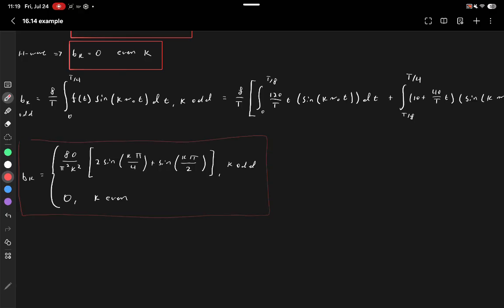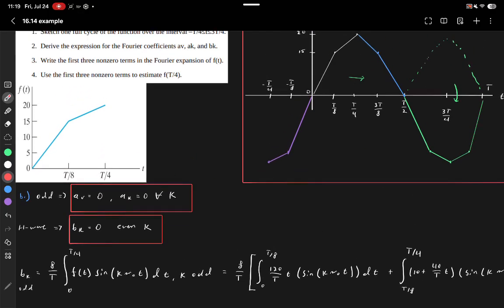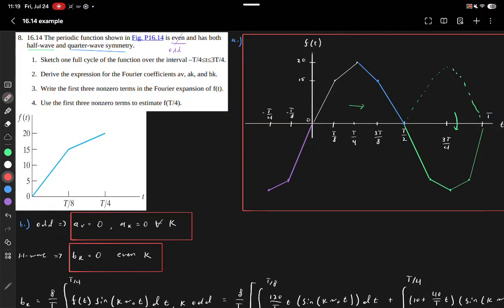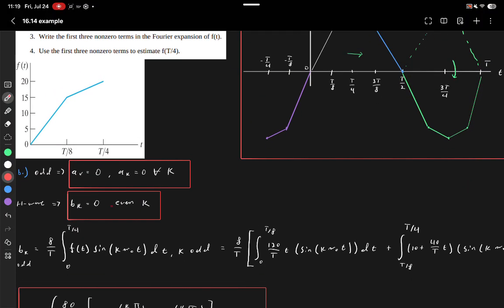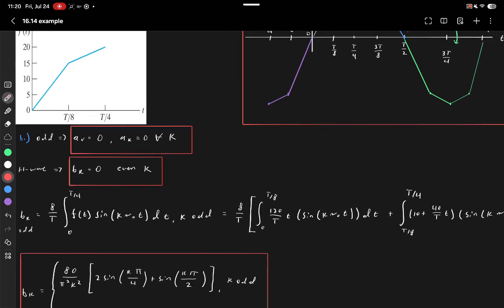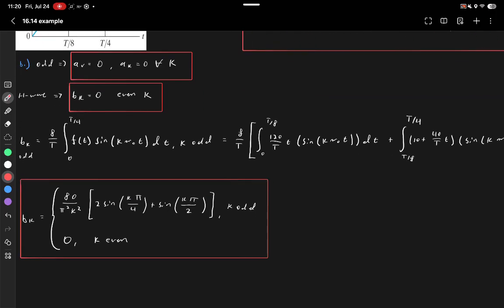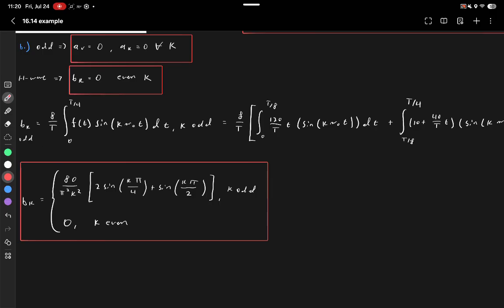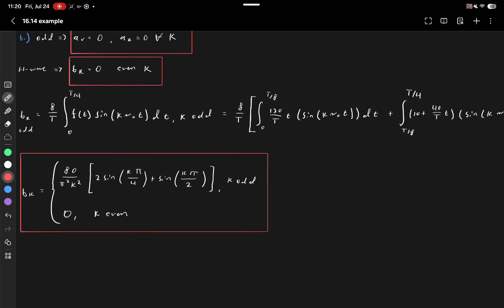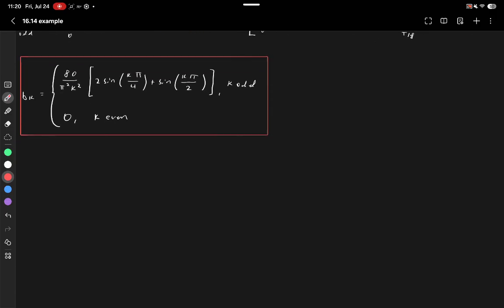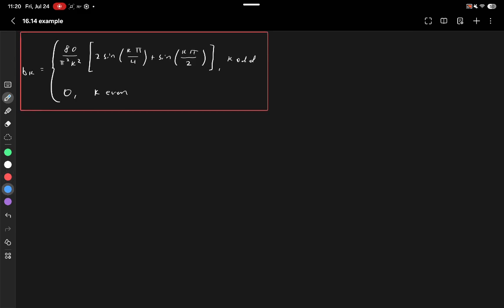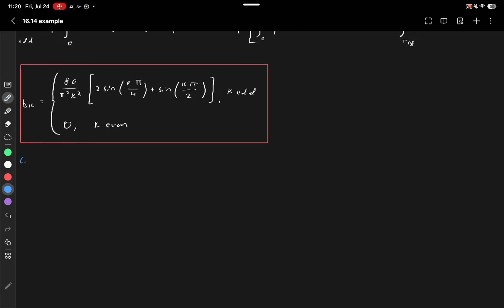Because with these properties that we found up here, odd, half wave, stuff like that, that can simplify what we would have to find by a lot. And with the remaining b sub k odd that we have to find, we have found it there. So there we go. Moving on to part C.